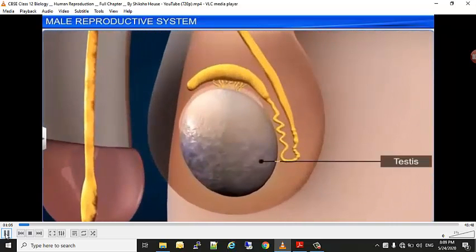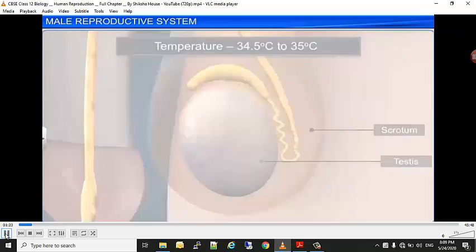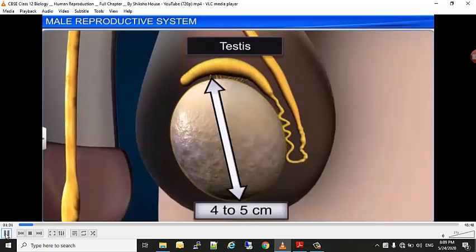Hence, the scrotum is outside the body and has a temperature lower than the body. The testes are oval in shape with a length of about 4 to 5 centimeters and a width of about 2 to 3 centimeters. The testes are surrounded by a tough connective tissue capsule called the tunica albuginea.